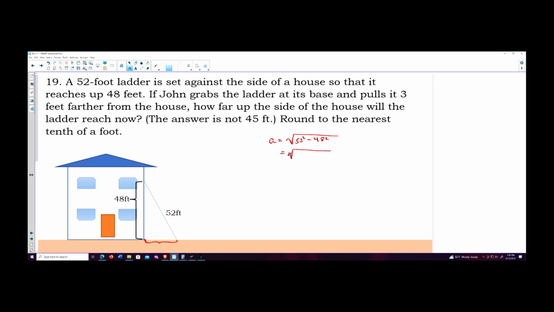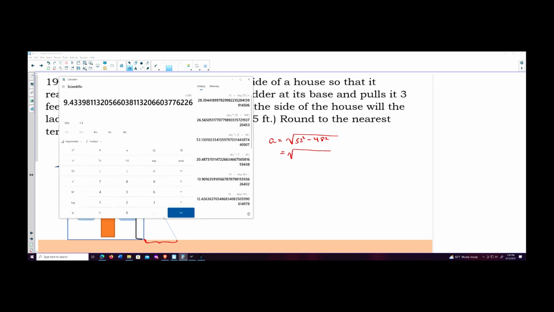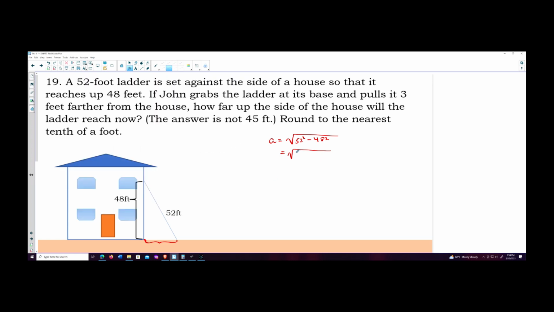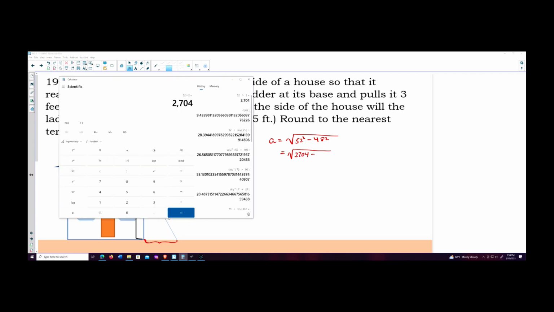In the TI Nspire, you just put it just like that. Here I gotta work it, so let me see. We got 52 squared, that's 2,704, minus 48 squared, that's 2,304.